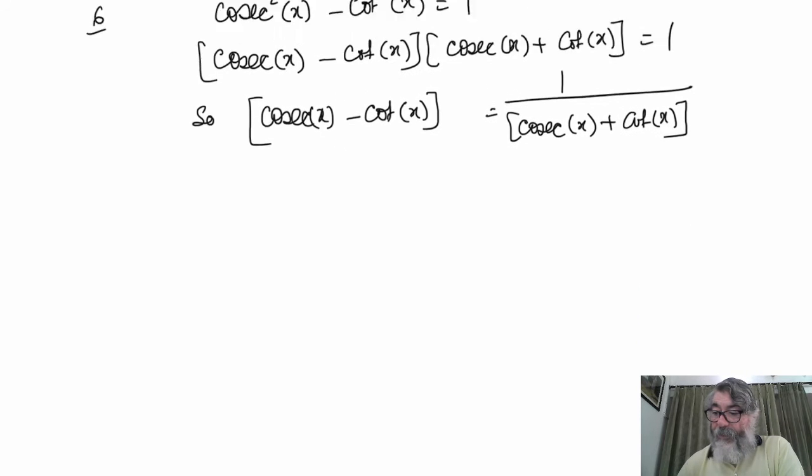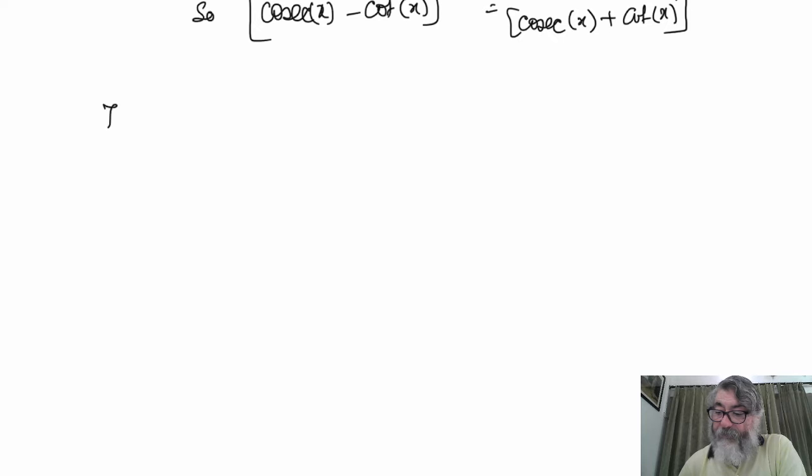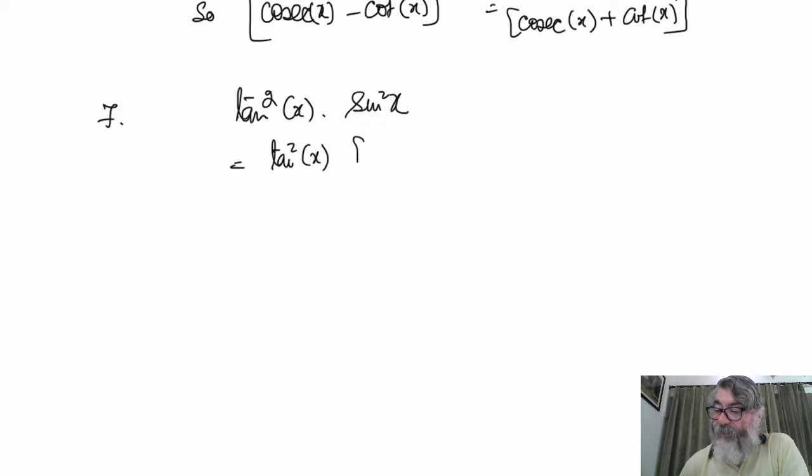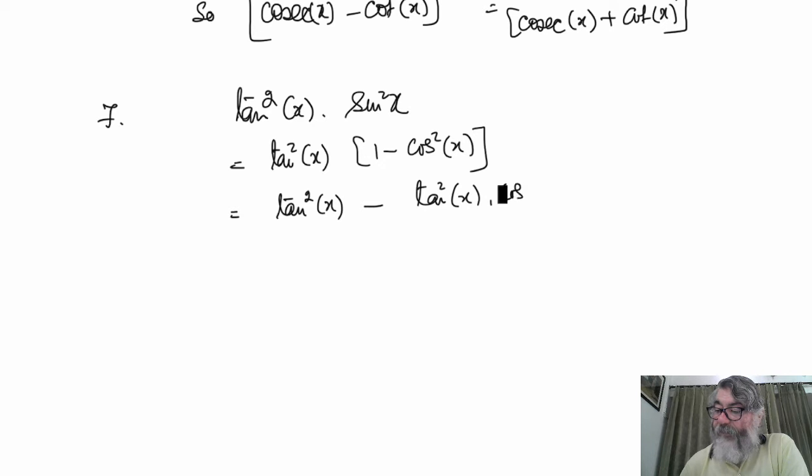For example, let us see the seventh thing here: tan square x into sin square x. Now, sin square x can be written as 1 minus cos square x. So when we multiply this, it will become tan square x minus tan square x into cos square x.